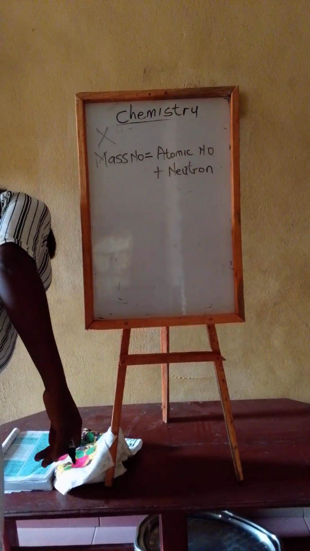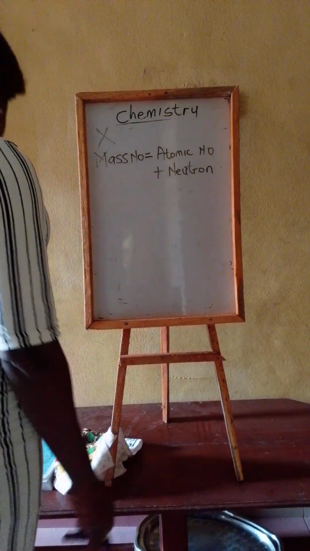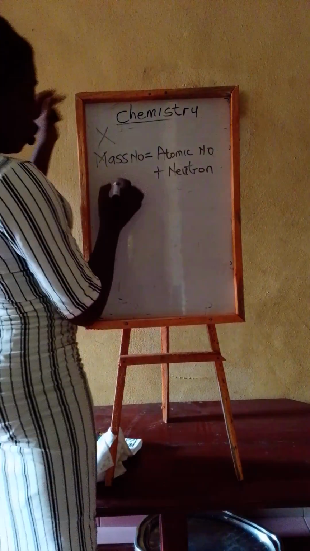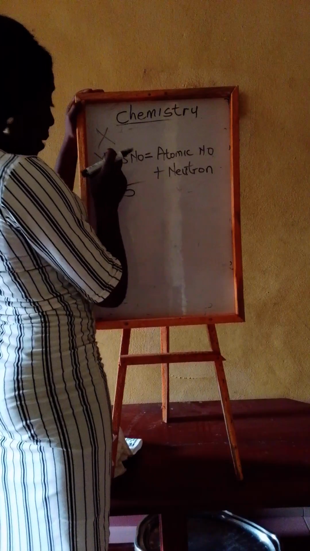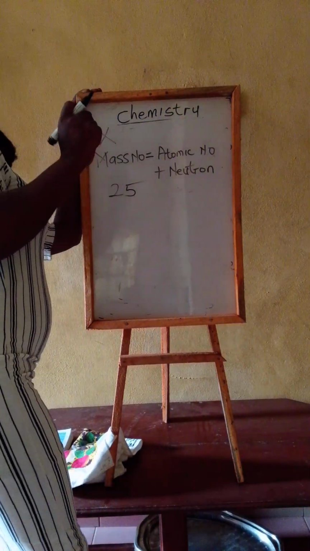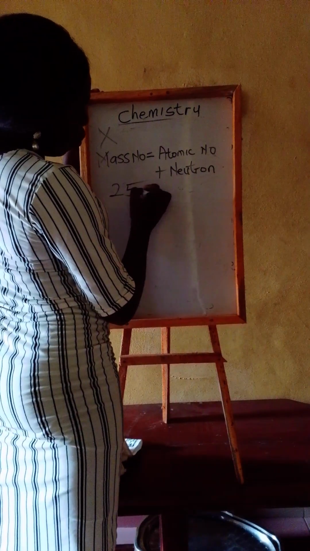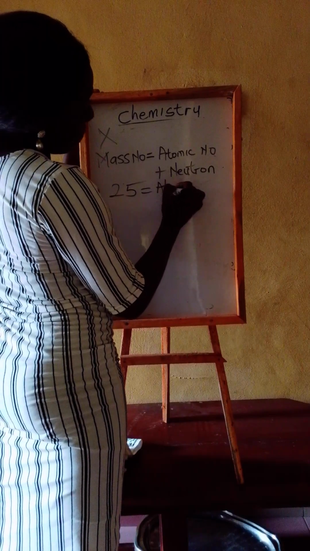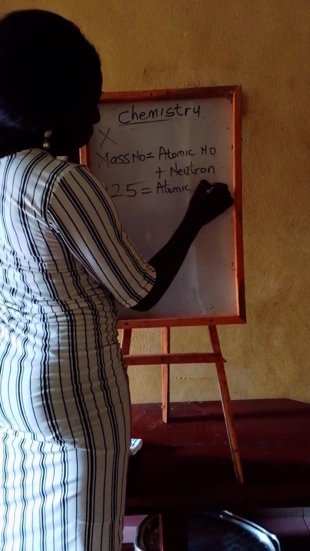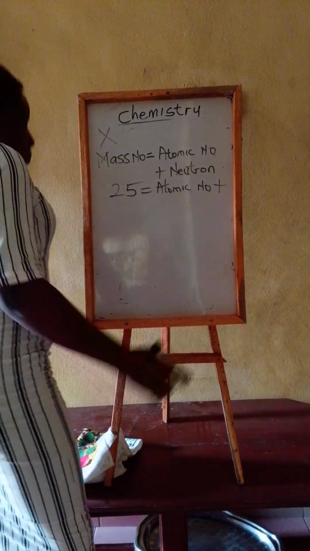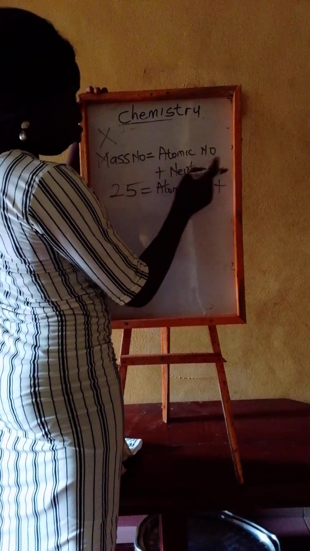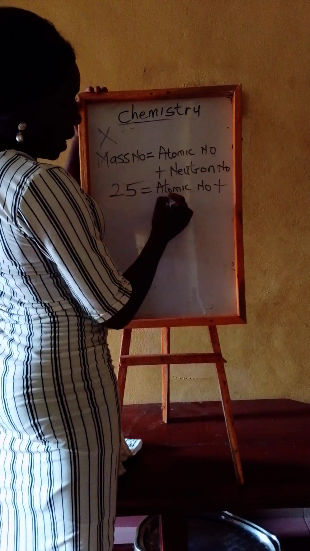Now, what's the atomic number? Sorry, the mass number is 25. So, mass number equals atomic number plus number of neutron.